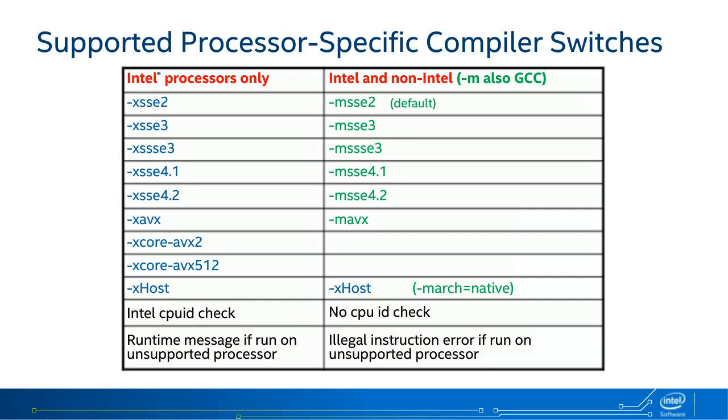The option for convenience was introduced some versions ago. It's called -x host, which allows you to compile for your host processor, which means if you are going to run the application on the same system where you develop your application and compile it, then the compiler will use the highest instruction set available on your current host processor.